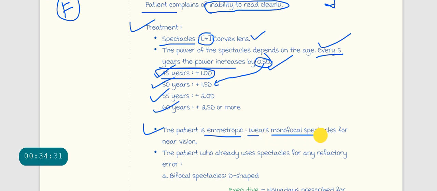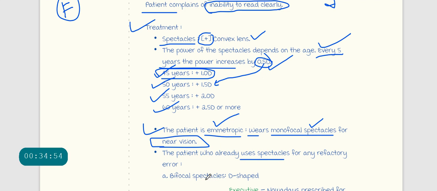They have to use them both for the near vision and for the far vision. So they will be using a different kind of spectacles, called bifocal spectacles. These are D in shape. D shaped lenses are in these spectacles, and these are bifocal spectacles.